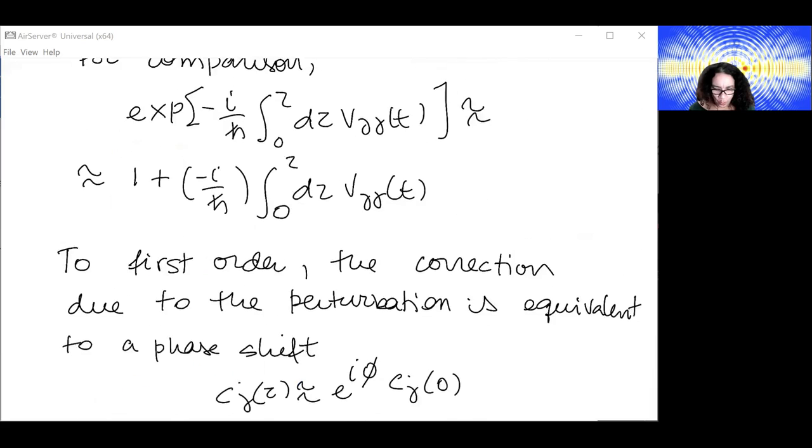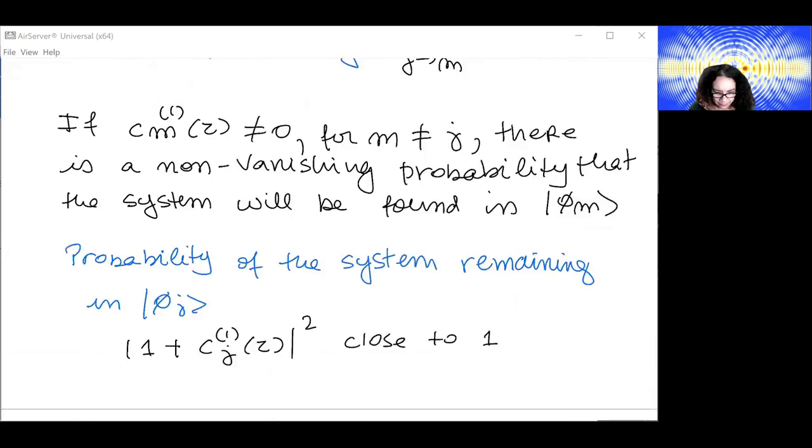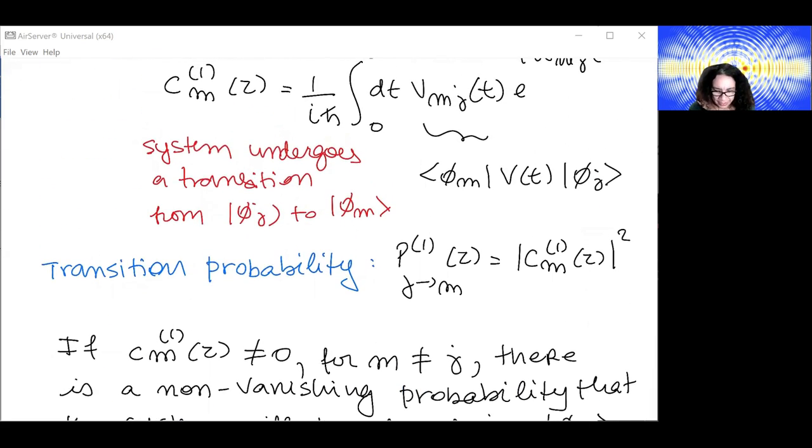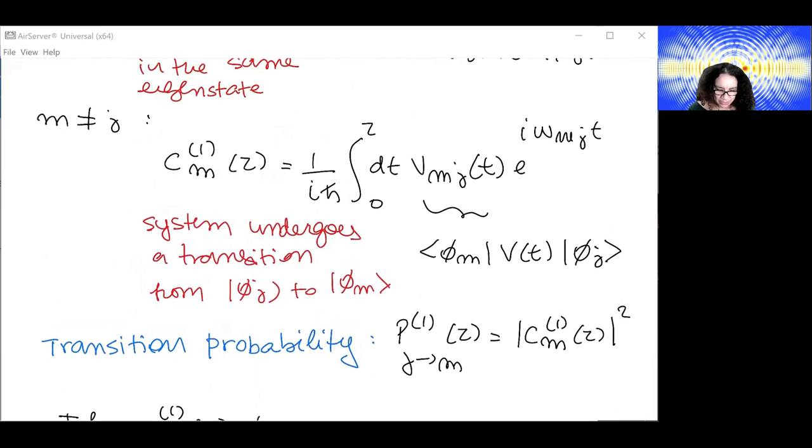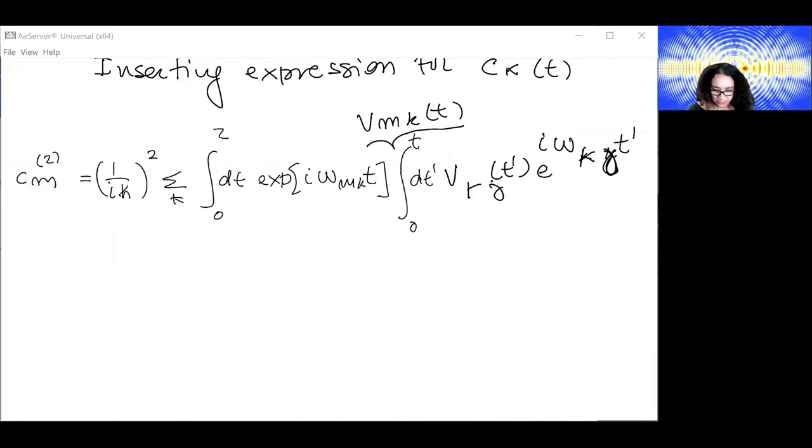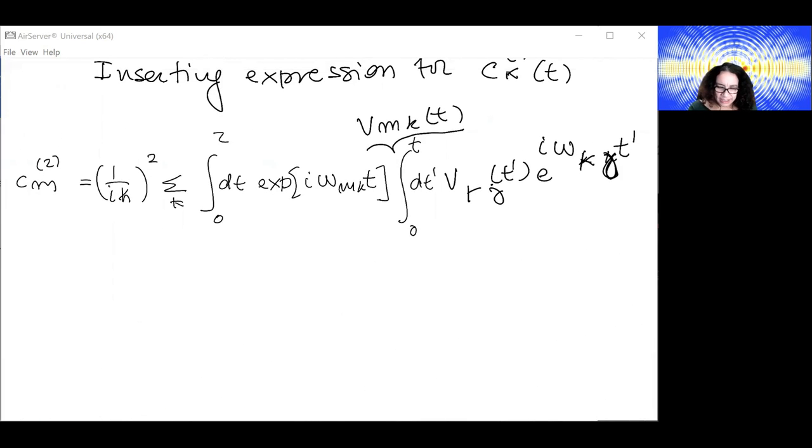So CK1 would be this expression here, but instead of M, I would have K. So I have here VKJ and omega KJ t, which means that here I don't have this same M, because this M here is the final state.